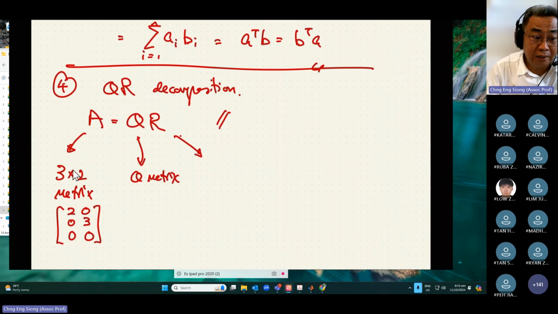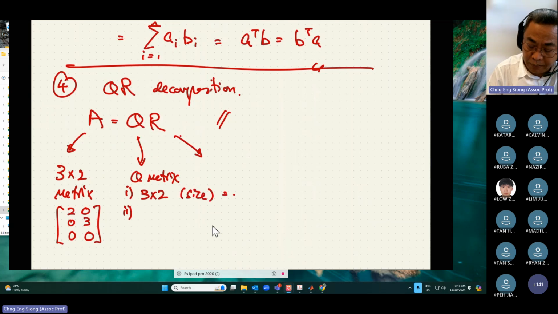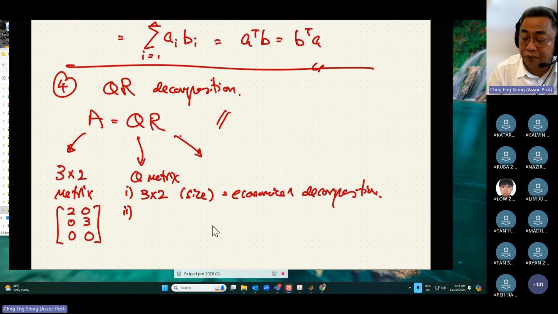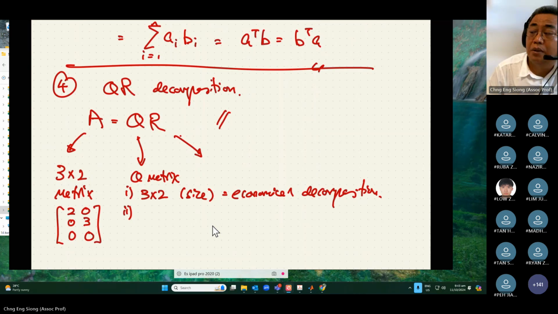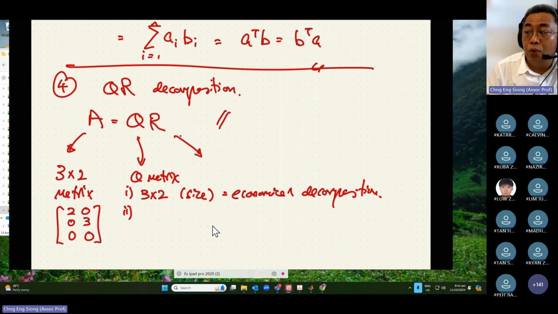If A is 3 by 2, Q has what size, guys? Same as A. Very good, 3 by 2. So the size is the same, but this is for economical decomposition. What else? What is the property of Q? The word Q is very related to something.